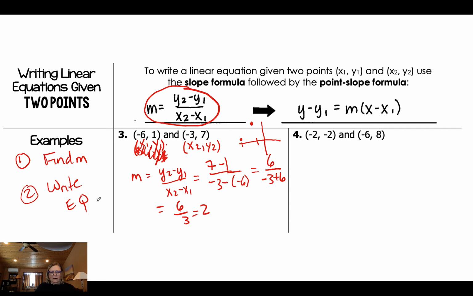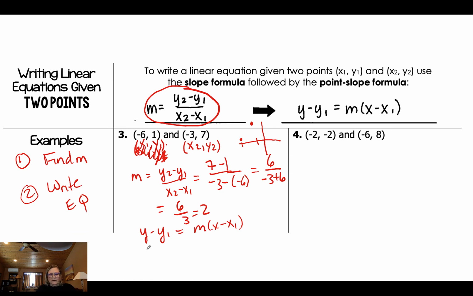Right, and then now we just want to write the equation. y minus y1 is equal to m times x minus x1. To be truthful, you can use any point you want. We are going to use x1 and y1 just to be safe, or just to be clear. I don't like to mix things up. This is where you should pause the video and see if you can write this equation out.